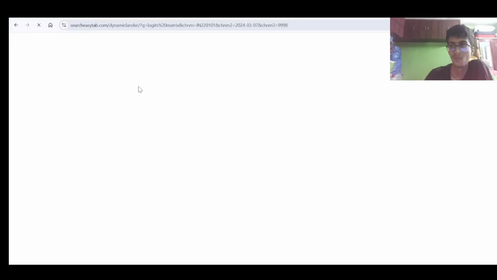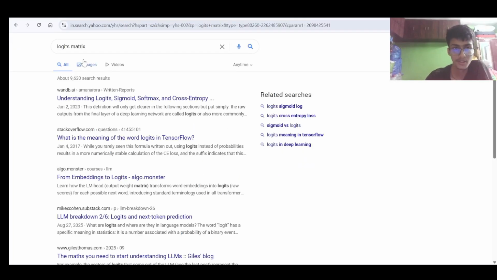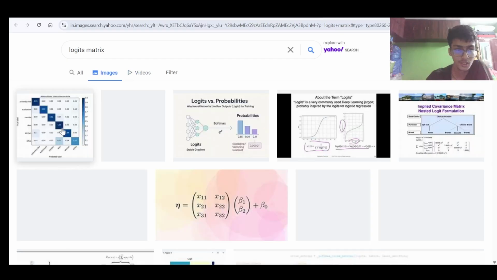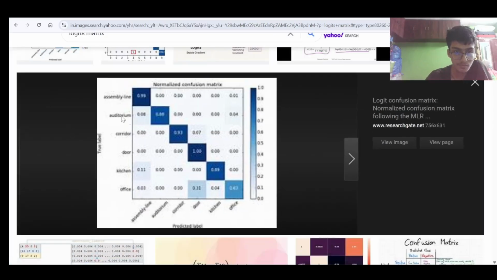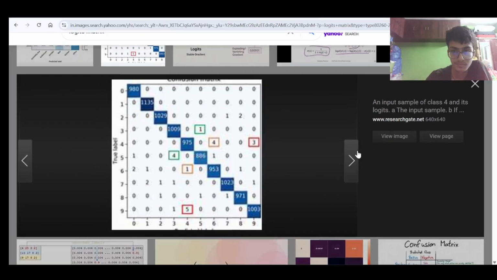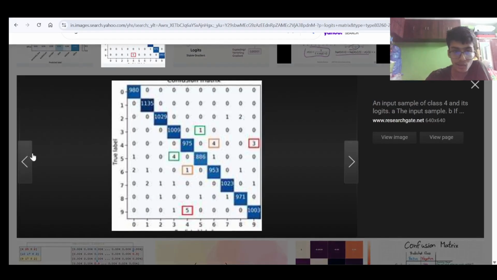Logits matrix. So what does the logits matrix do? That sequence length into, and it will reduce. So it is called a confusion matrix.